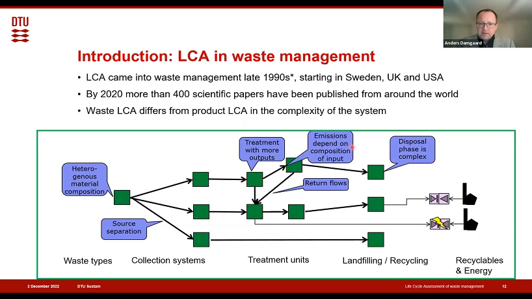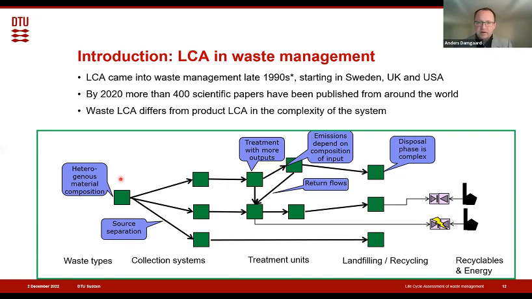Finally, emissions depend on the composition of the input. So it's not just that we make one LCA and then have the results, because if we start changing the composition of the material going in, we need to update along this whole value chain. For instance, if I put a brick into a furnace, the brick will not melt, but if I put plastic into a furnace, the plastic will combust and be converted into air emissions.